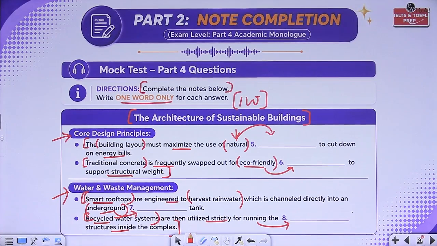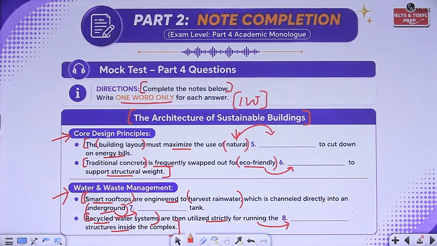Good afternoon, everyone. Today we are analyzing the modern engineering mechanics behind eco-friendly skyscrapers. When structural engineers approach a sustainable project, their primary goal is resource efficiency. To achieve this, the initial building blueprint must optimize environmental layout elements. Specifically, architects manipulate the angle of windows to maximize the intake of natural light.